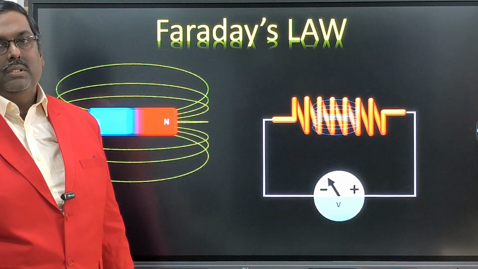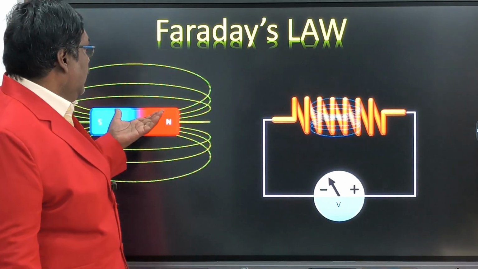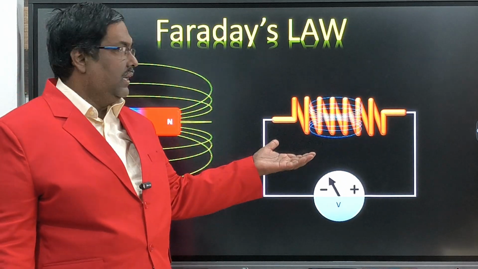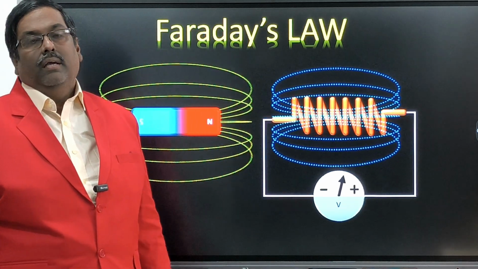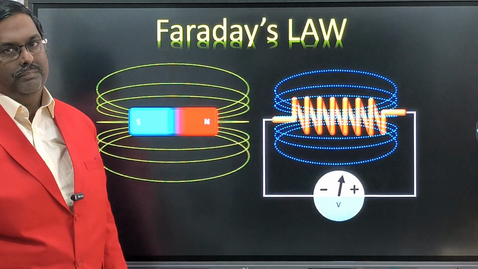This is what Faraday's law says: if there is any movement of the magnet near the induction coil, that coil will get an induced EMF, and we can use that EMF as an electricity supply.